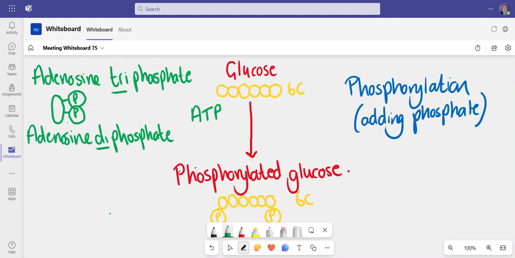Now the action of removing that phosphate releases some energy, and it also releases that phosphate.